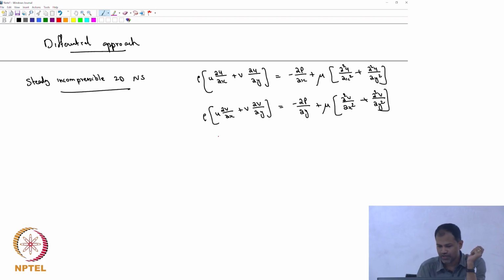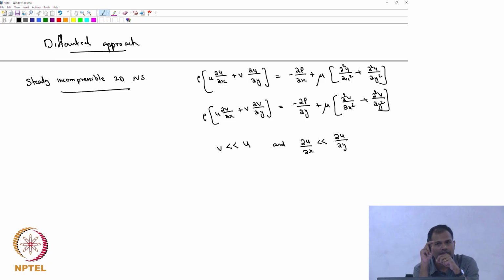So I'll say, okay, v is much smaller than u, and ∂u/∂x is much smaller than ∂u/∂y, because ∂u/∂y is going to change from 0 to some finite number in a small thickness, but ∂u/∂x is the change in u along x, which is changing very slowly.